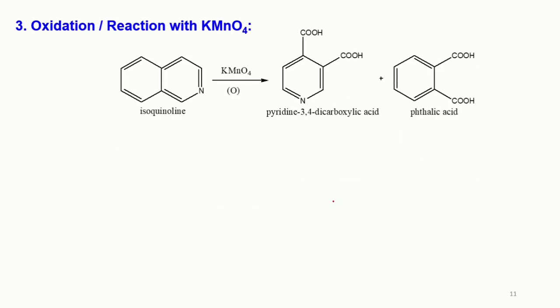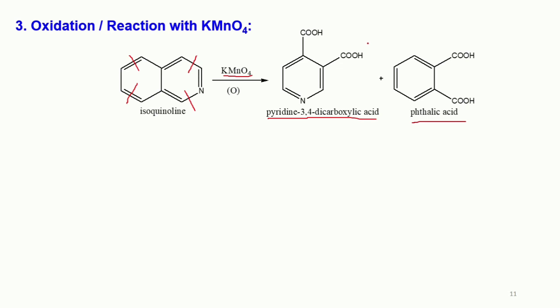And if you see the oxidation, like quinoline, isoquinoline also undergoes ring cleavage by oxidation with potassium permanganate. Either the ring cleavage happens at the benzene ring system, giving pyridine 3,4-dicarboxylic acid, or the ring cleavage happens at the pyridine ring system, giving phthalic acid.